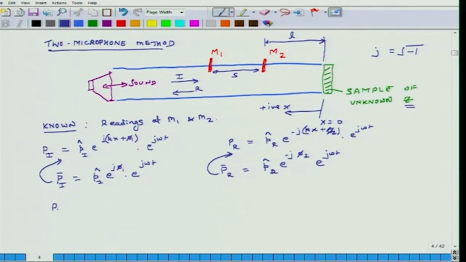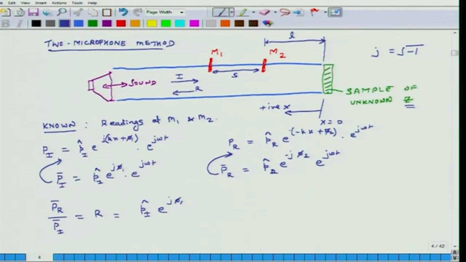Okay. So if I plug this back into these relations, what I also get is that PR-bar over PI-bar is nothing but my reflection coefficient, because e^(j omega t) cancels out. So this is equal to Pi-hat e^(j phi1), and I would make a small modification here. I think I made an error. So this should be minus kx plus phi2.